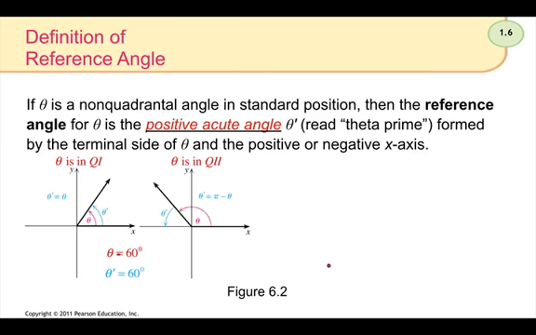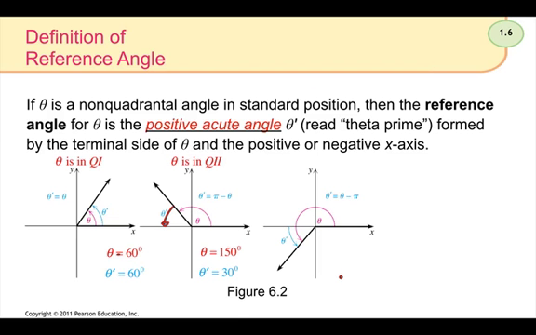Let's say we use the example 150 degrees. The reference angle, or theta prime, is going to be this angle, and you should be able to determine that theta prime is 30 degrees. If this is 150, the acute angle formed here has to be 30 because this is forming a straight angle.